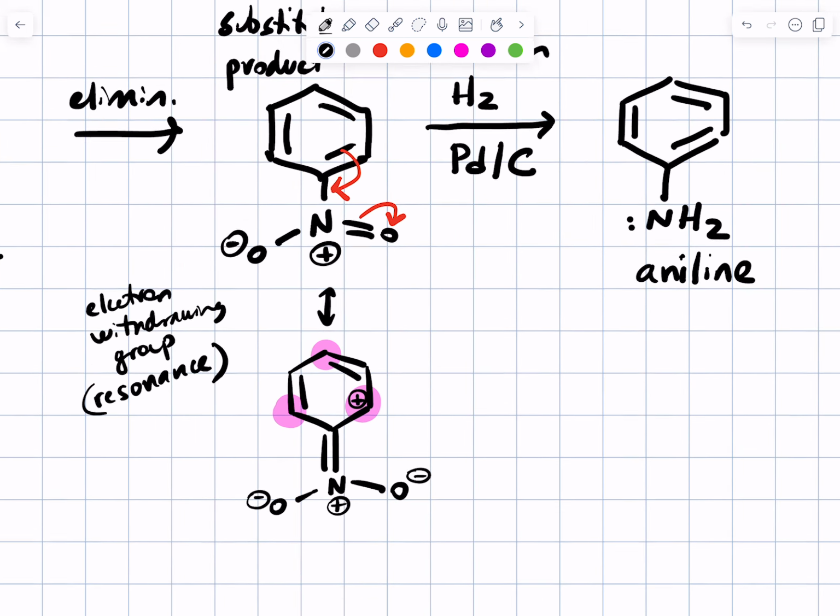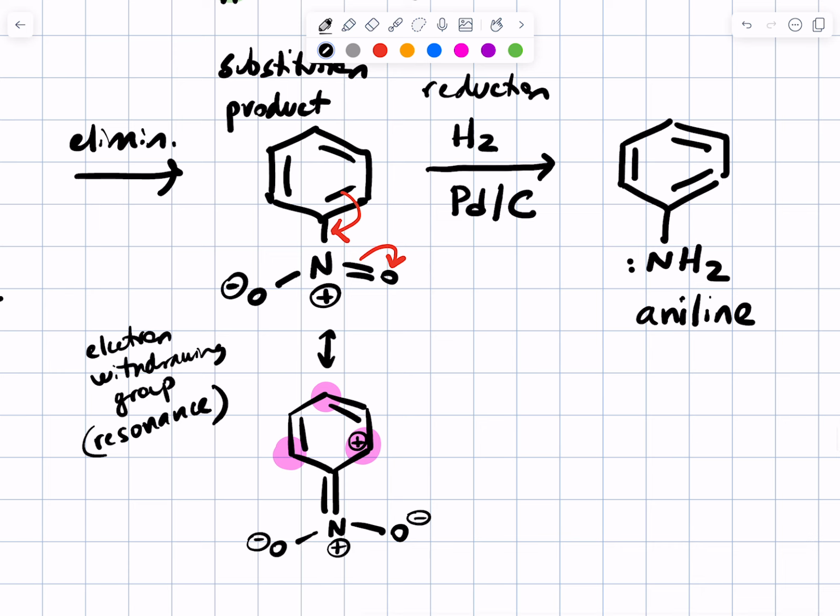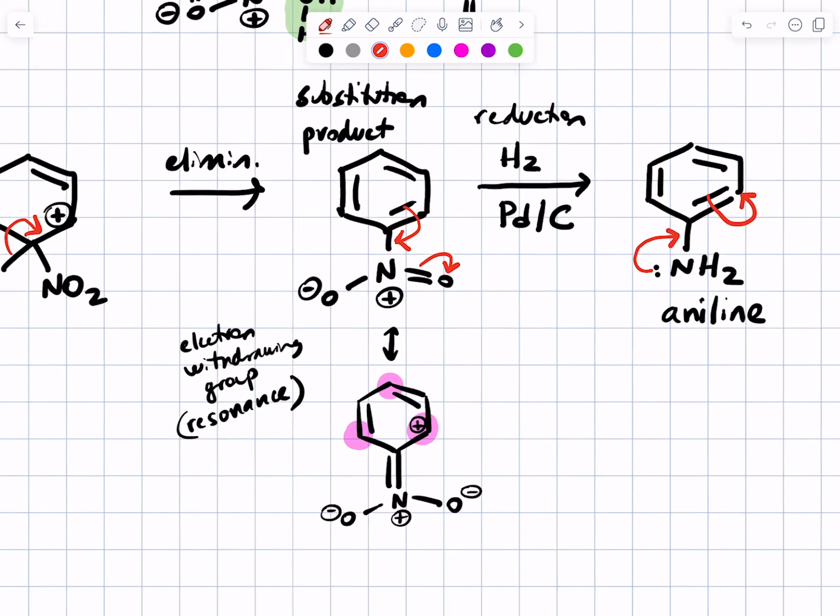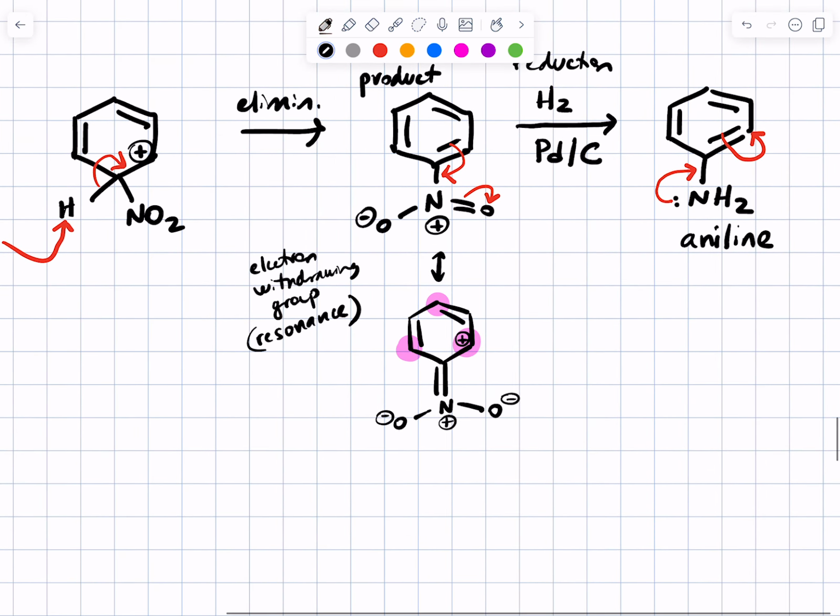Now, how does the aniline differ? Well, the aniline's got a lone pair on the atom adjacent to the ring. And when that happens, you can draw a resonance structure where you form a new pi bond between the nitrogen with the lone pair and the benzene ring carbon. And then you move the electrons from that carbon-carbon pi bond out onto the adjacent carbon atom to make this resonance structure.